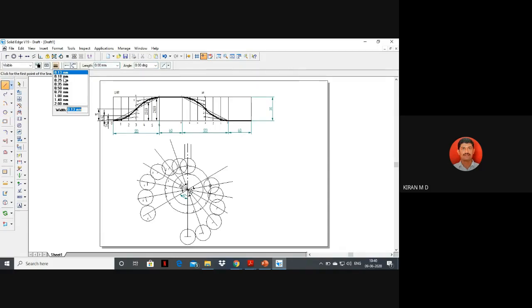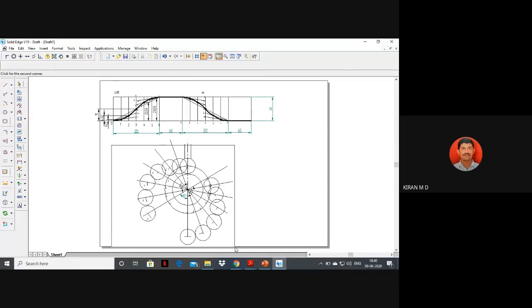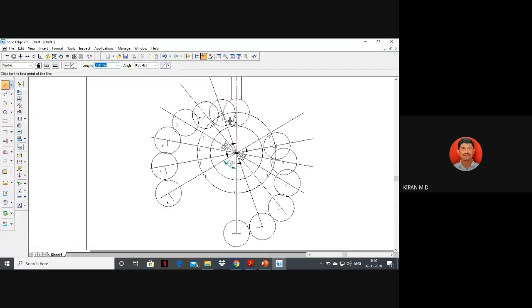You can draw it like a curve. Like this, just draw the curve.